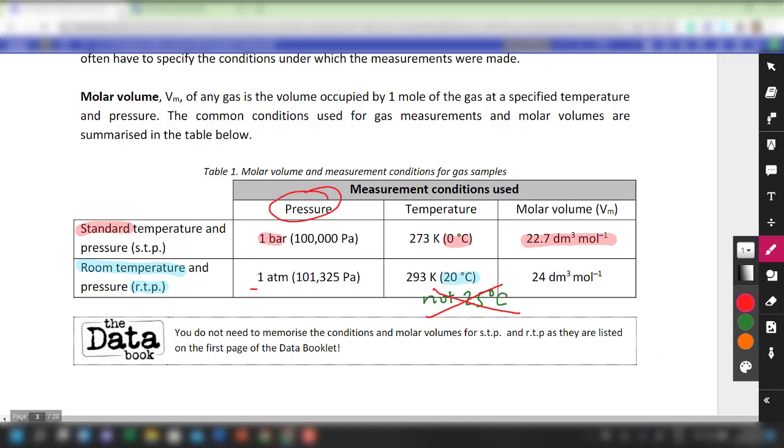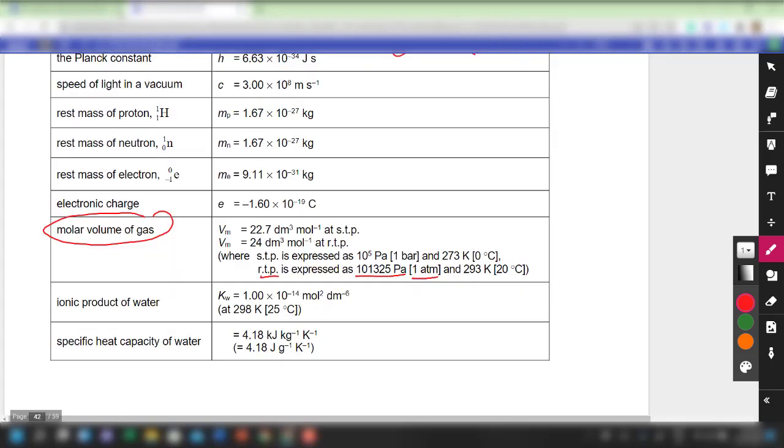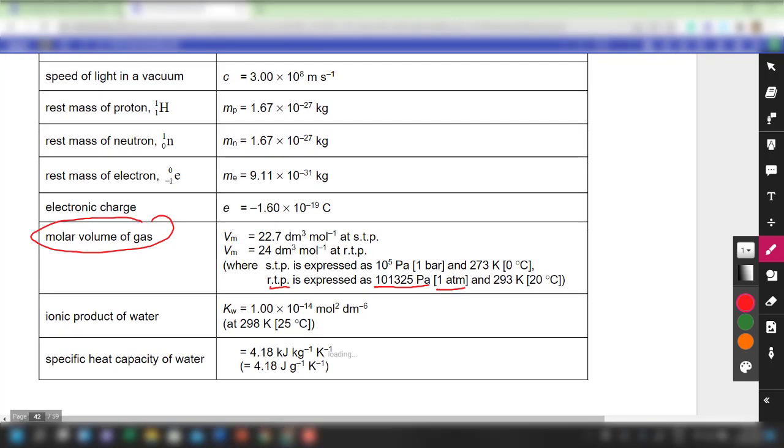Pressure is 1 atmosphere or 101,325 Pascal. It's not 1 bar. That's the difference. And then molar volume is 24 dm cube per mole. The data booklet also has this value, so you don't need to memorize them. Honestly, if you do enough questions, you will have remembered it.